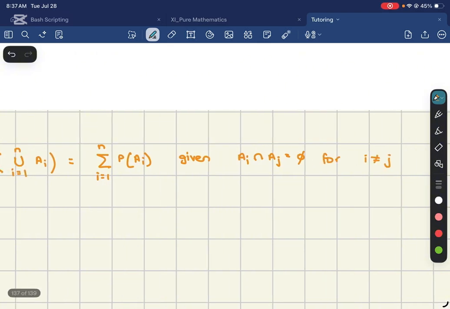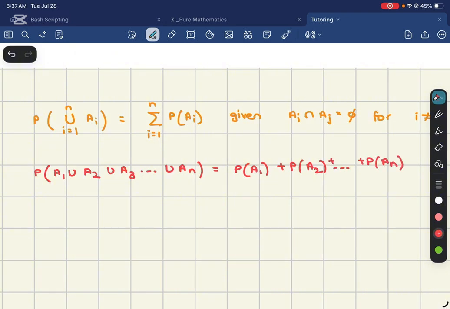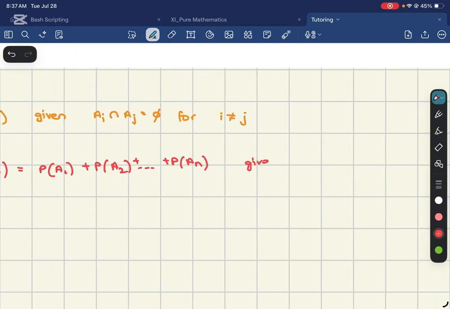All right, so basically what this means is that if you have the probability of A1 union A2 union A3 all the way up until An, or it could be an infinite number of events, this is equal to the probability of A1 plus the probability of A2 all the way up until the probability of An, given that any two events, as long as the subscripts i and j are not equal, have an intersection equal to the empty set.